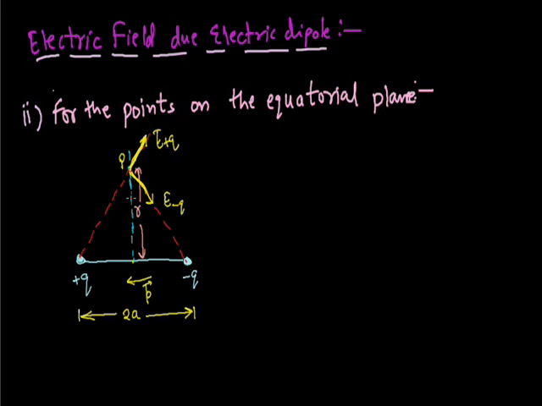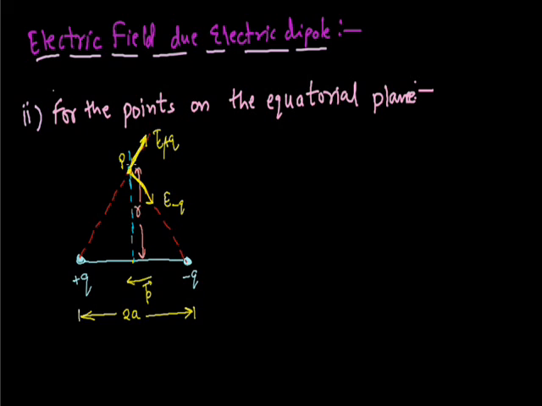My apologies. The electric field at point P due to the plus q charge is in the direction away from the plus q charge and along the line joining the plus q charge and point P. The electric field E minus q due to the minus q charge will be along the line joining the minus q charge and point P, and its direction will be towards the minus q charge.